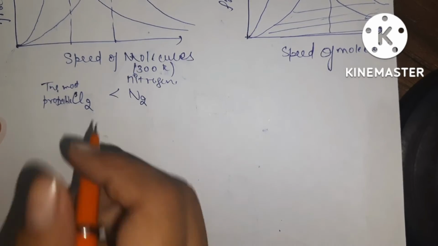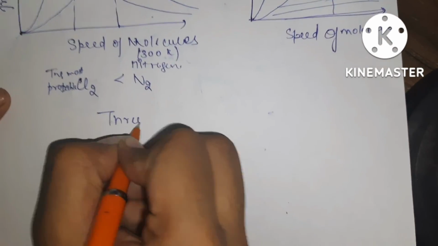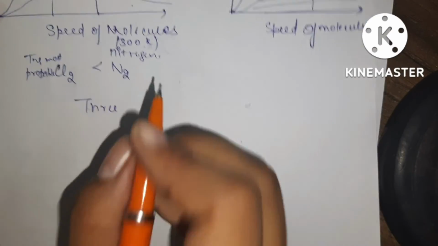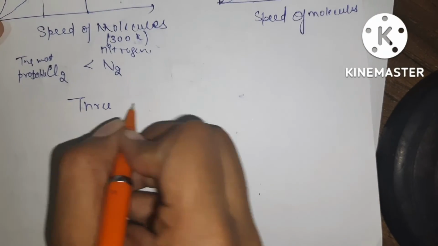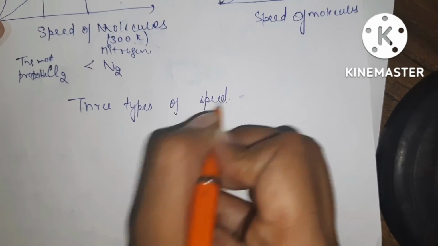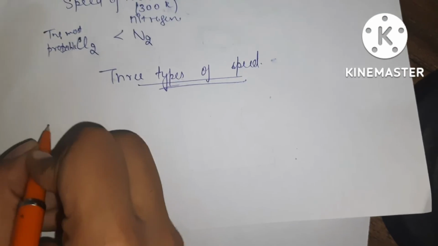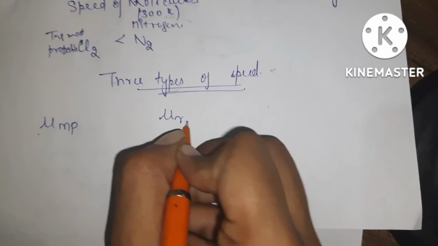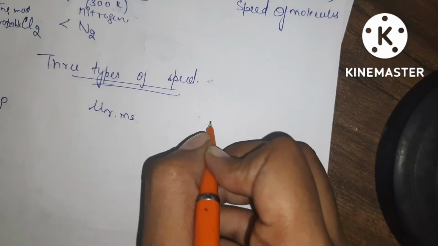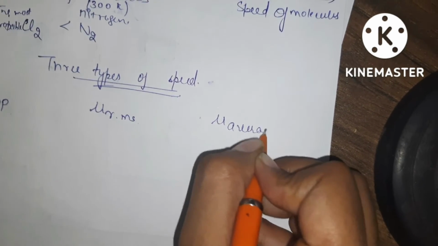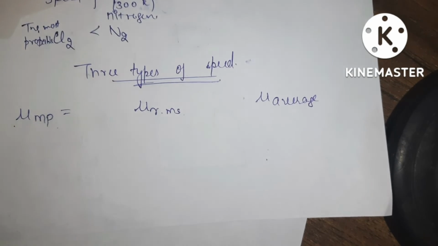Now there are three types of speed, or we can say two other types of speed other than most probable speed. The three types of speed are UMP, most probable speed; URMS, root mean square speed; and U average, average speed.